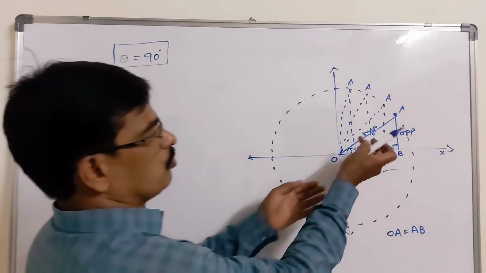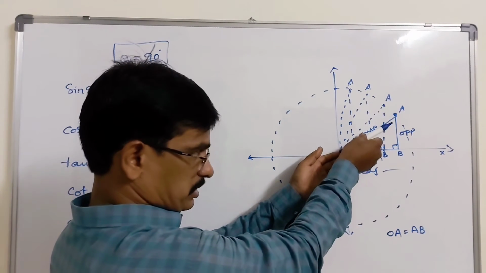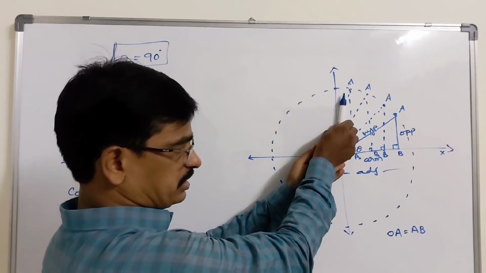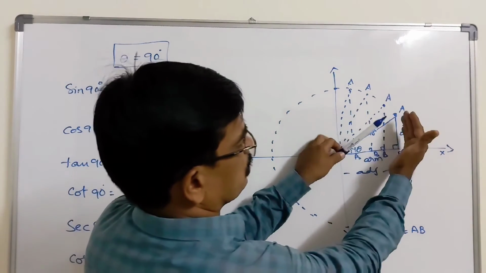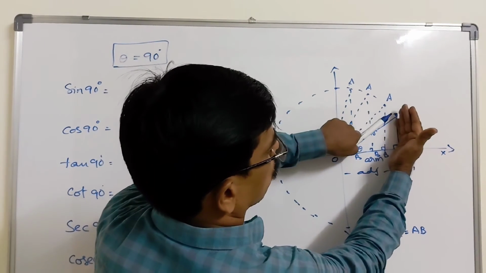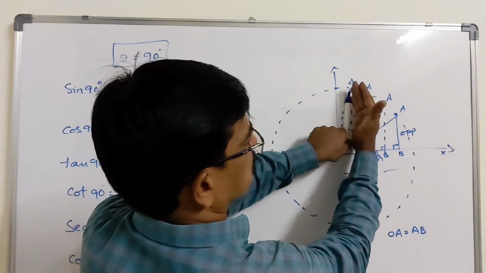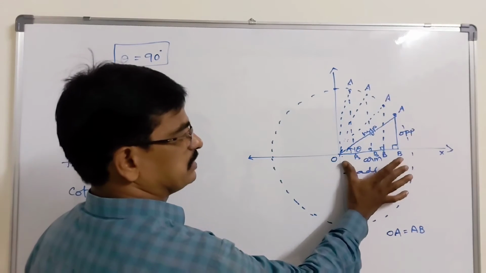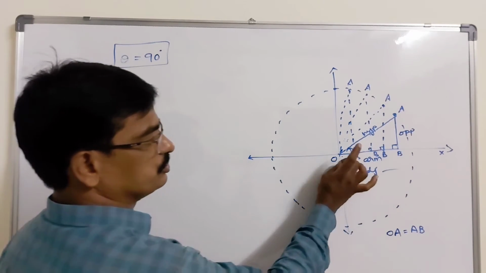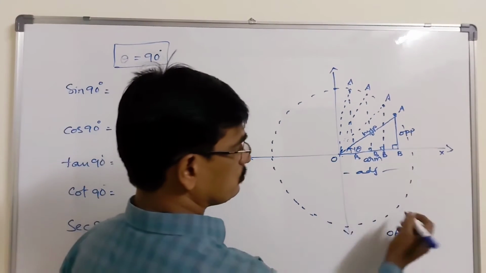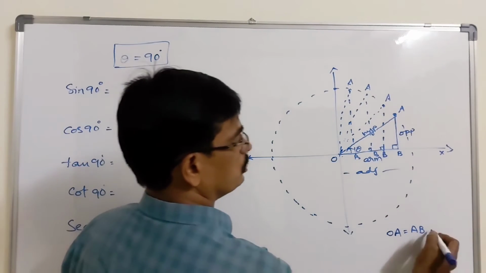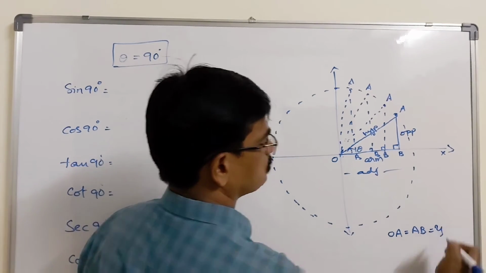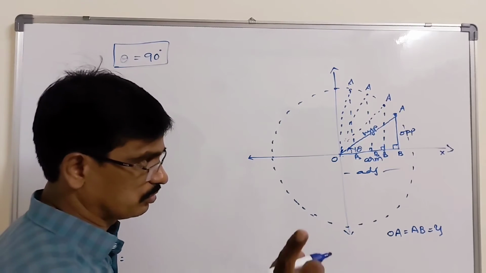When OA is moving in the anti-clockwise direction, then AB also moves like this, right? Then the AB value is gradually increasing, simultaneously the OB value is reducing. So OA is equal to AB is equal to Y.